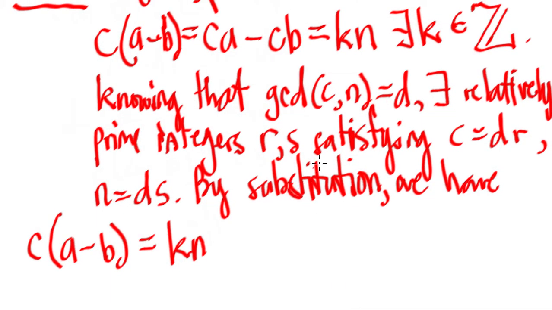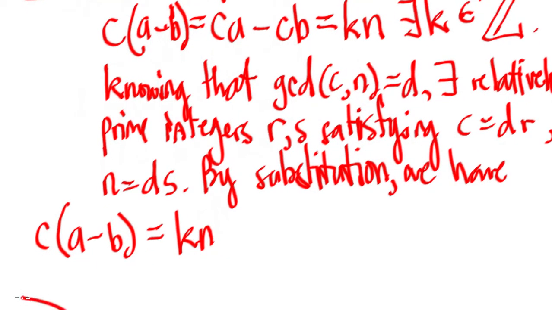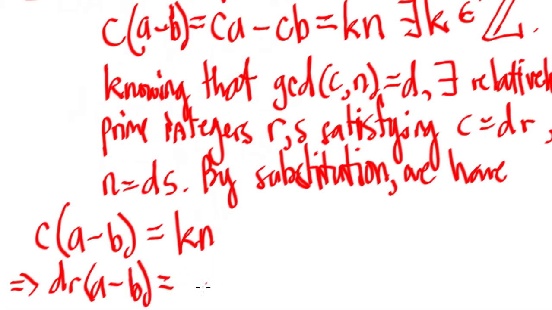Let's substitute the value of C as dr. C is equal to dr, so we'll have dr times (A minus B) is equal to k, our n is equal to ds.